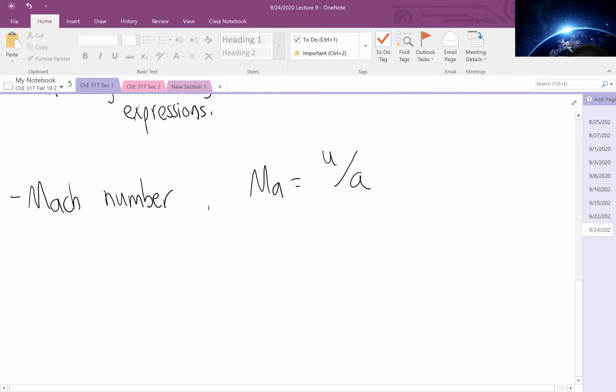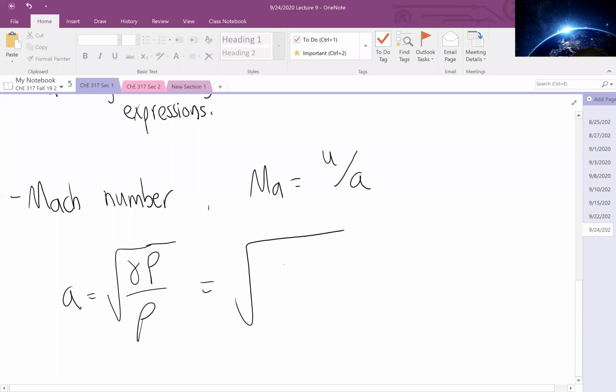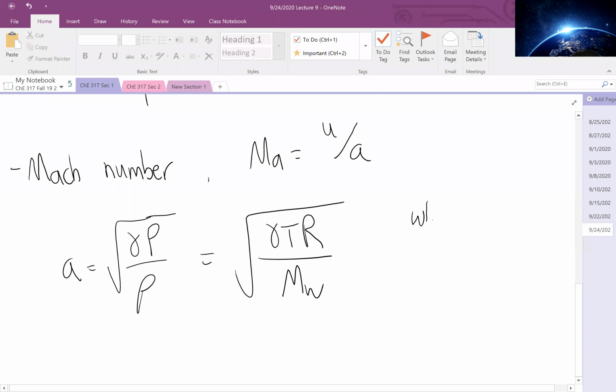We can calculate this speed of sound by the following expressions, where we have the square root of gamma times pressure over density, or instead we can use gamma times the temperature times the ideal gas constant over the molecular weight. Once again, gamma is a ratio of the fluid's heat capacities. This is something you can Google. Engineering Toolbox has a list of these.